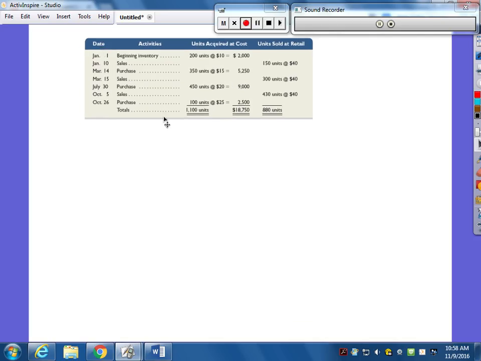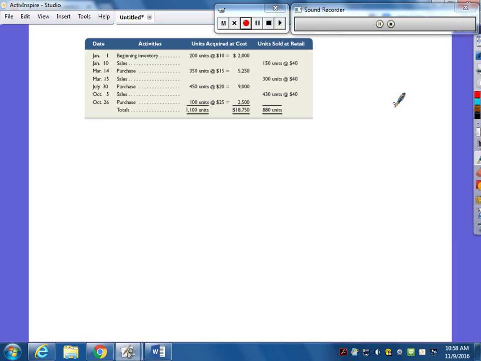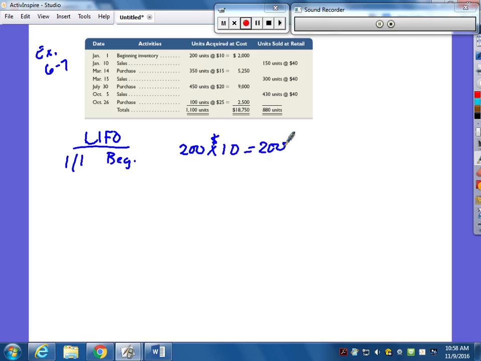So now we're doing the same part and we're using LIFO this time. So under LIFO, same thing. January 1st started off with beginning inventory of 200 units at $10, value 2,000.